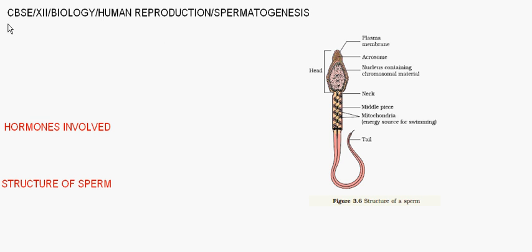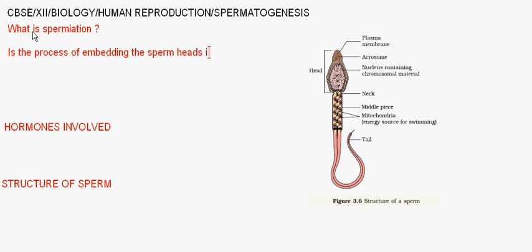Spermiation is the process of embedding the sperm heads in Sertoli cells and release of sperms from seminiferous tubules.